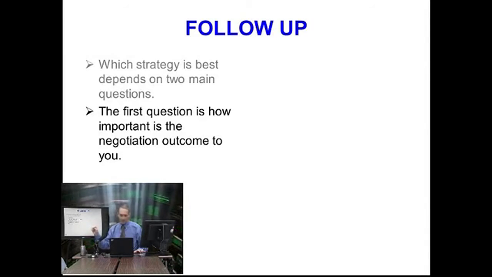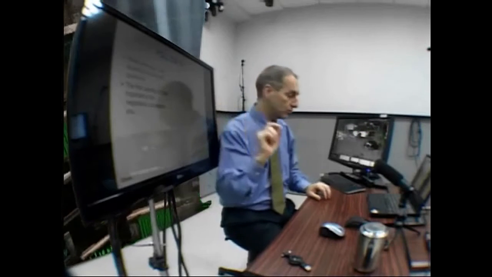This negotiation right now. How important is this negotiation right now to you? That's the number 1 question you need to ask. The number 2 question you need to ask is, how important is the relationship over time?